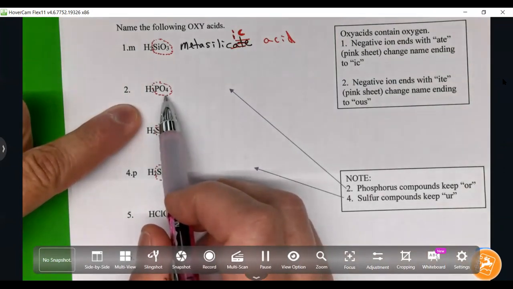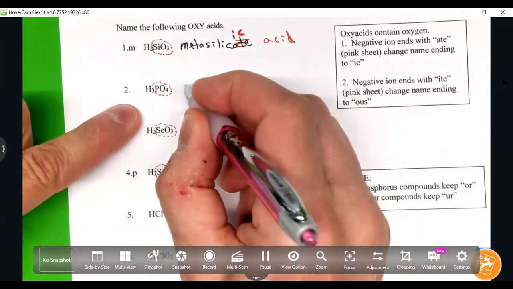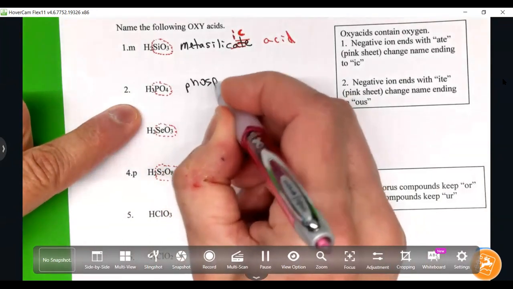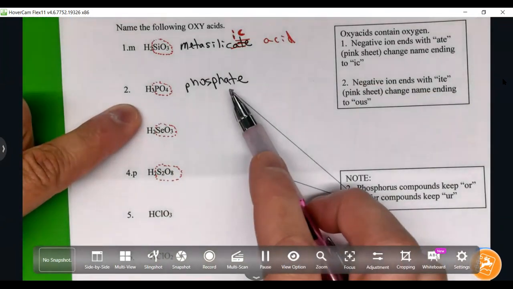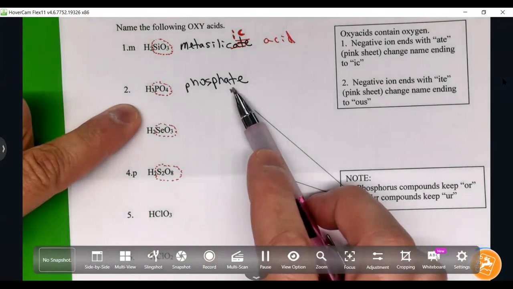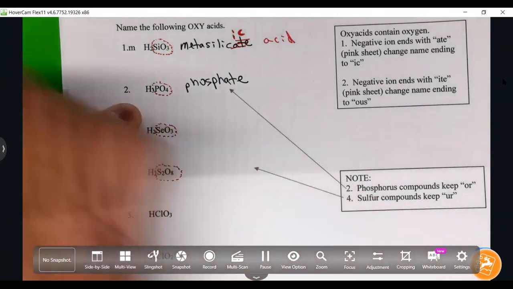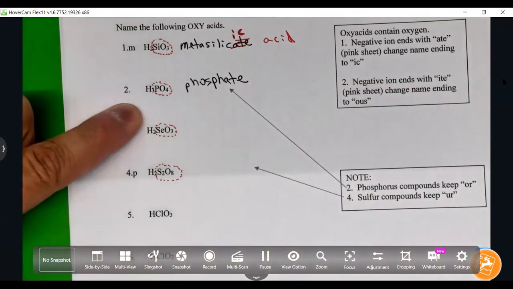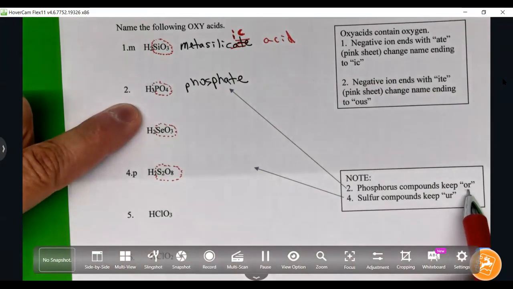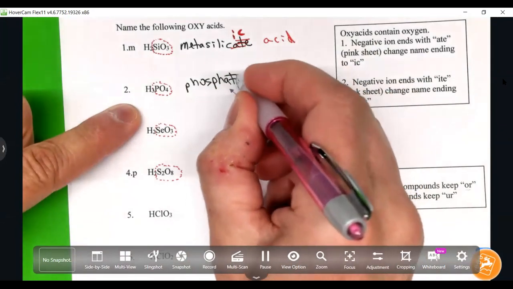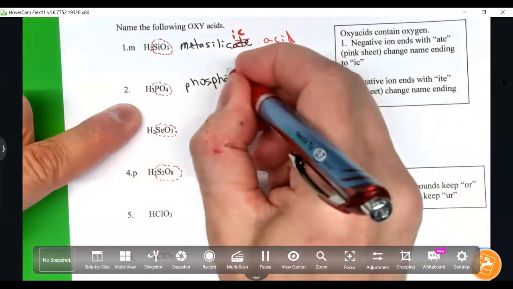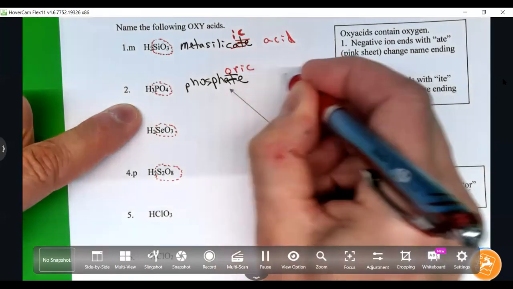PO4 is phosphate. So if it ends in ATE for the negative ion, the name is going to end in ic. And actually, this is one of those freakish ones. I've got an arrow, so this is going to be phosphoric acid.